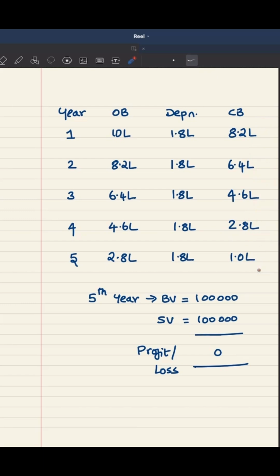But in reality, everything will not happen in the same way. Here we are saying that at the end of first year, the value of asset is 8.2. End of the second year, it is 6.4. Third year, 4.6. Fourth year, 2.8. And fifth year, 1 lakh. But in reality, it is possible that in the first year itself, the value can come down even below this.